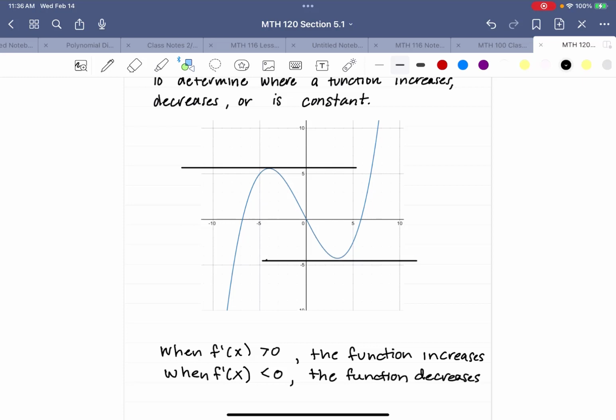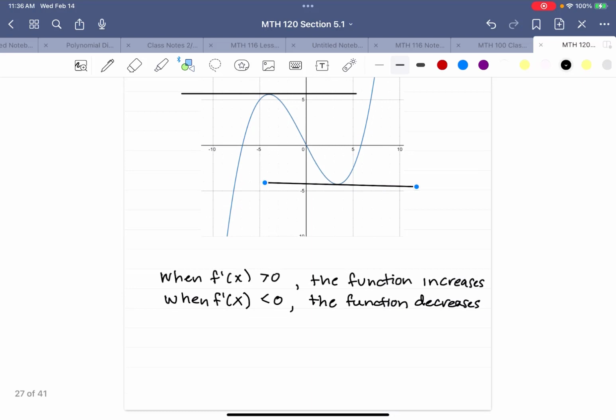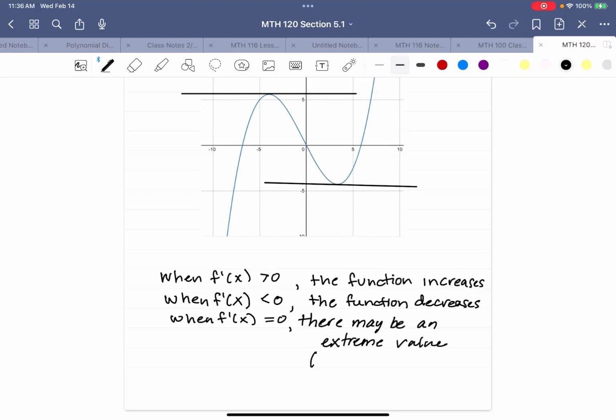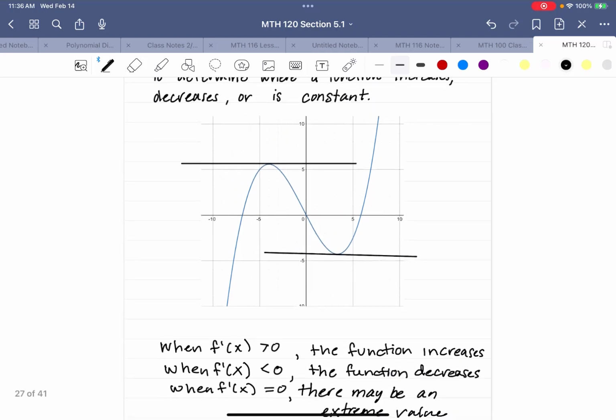So what we're going to learn and talk about in a future section is that when f prime of x is equal to 0, there may be an extreme value. That means a maximum or a minimum. And that is a very useful concept that we will see later on.